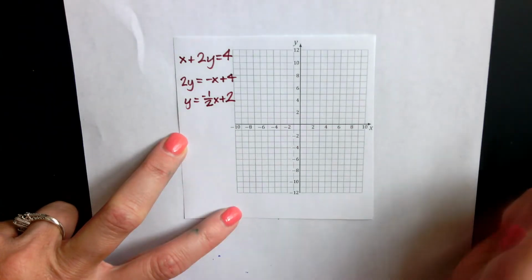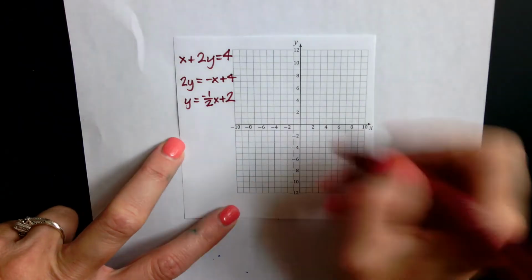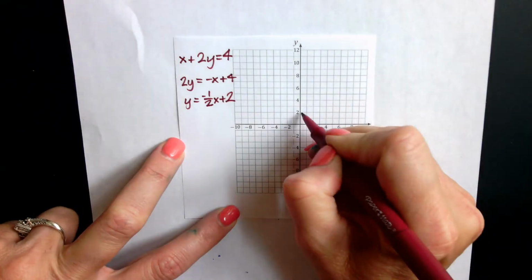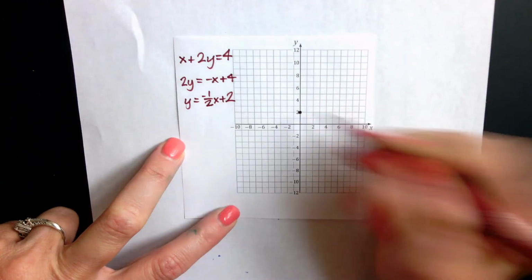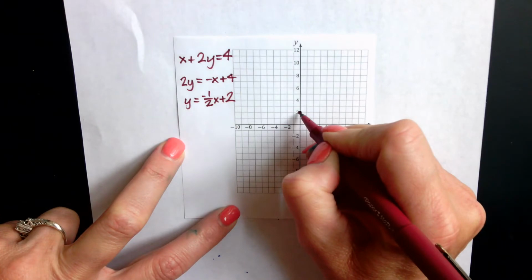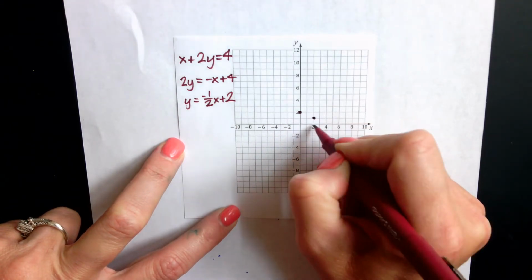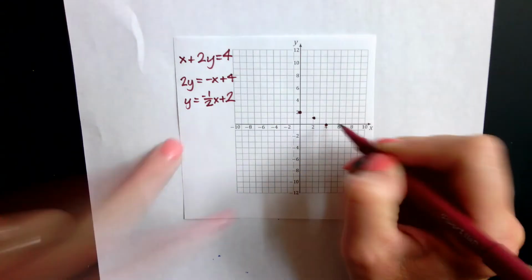And then you could make a table from slope-intercept form, or you could use our strategy of plotting the first point at our y-intercept, and then following rise over run, rise negative, so down 1 to the right 2, down 1 to the right 2.